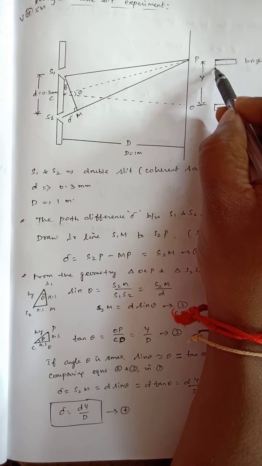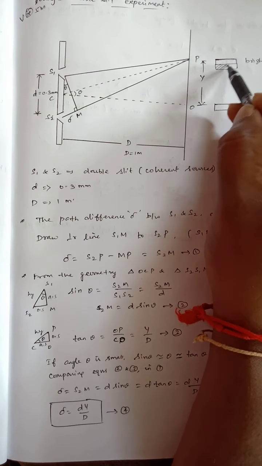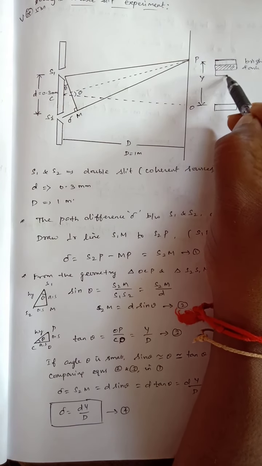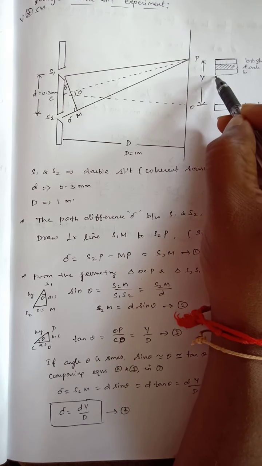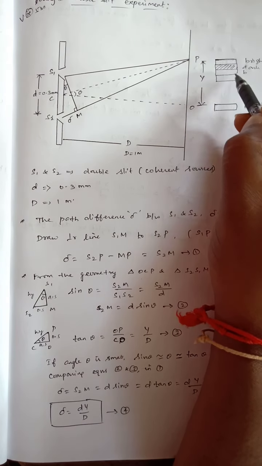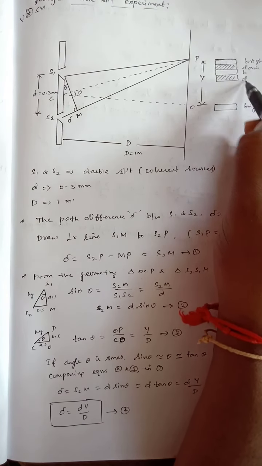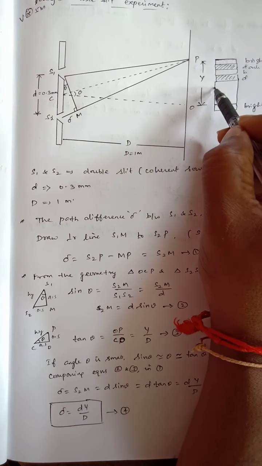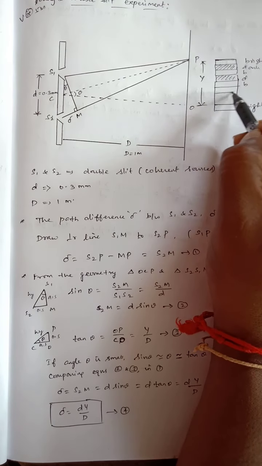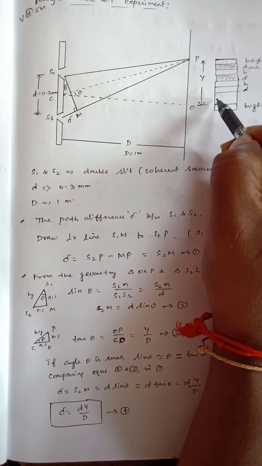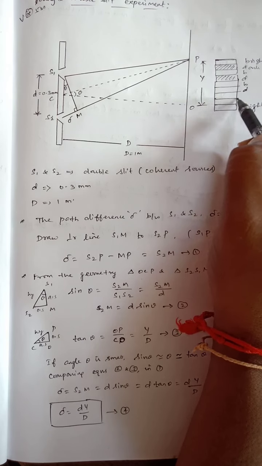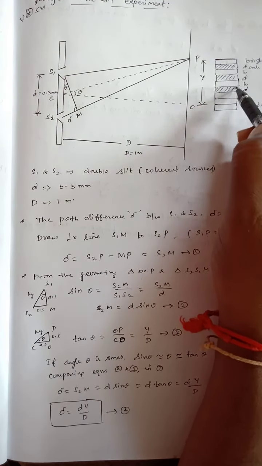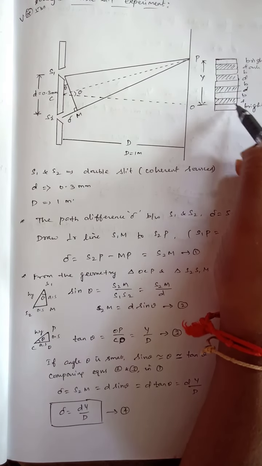Next it should be dark, then next bright, then dark, and so on.